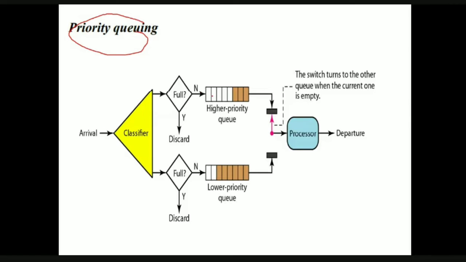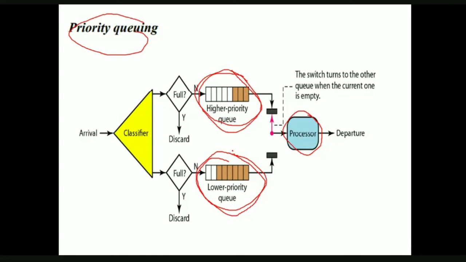So if you compare this FIFO queue with priority queuing, the priority queuing provides a good quality of service. All the higher priority packets will be placed in the higher priority queue, and all the lower priority packets will be placed in the lower priority queue. When a higher priority packet comes, it is placed in the higher priority queue, and the router first processes all the packets in that queue. Until the packets in the higher priority queue are completed, the lower priority queue will not be processed.